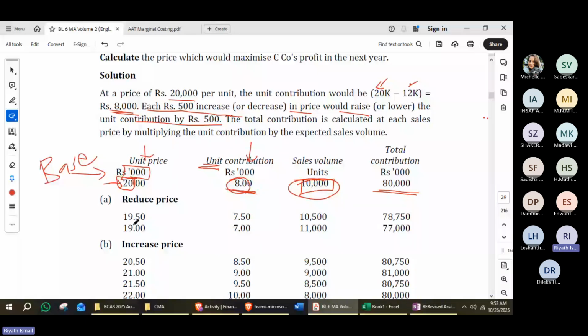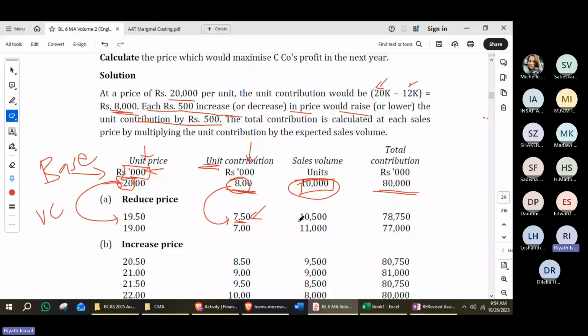When they reduce the price from 20,000 to 19,500, because there is no change in the variable cost, the unit contribution becomes 7,500.